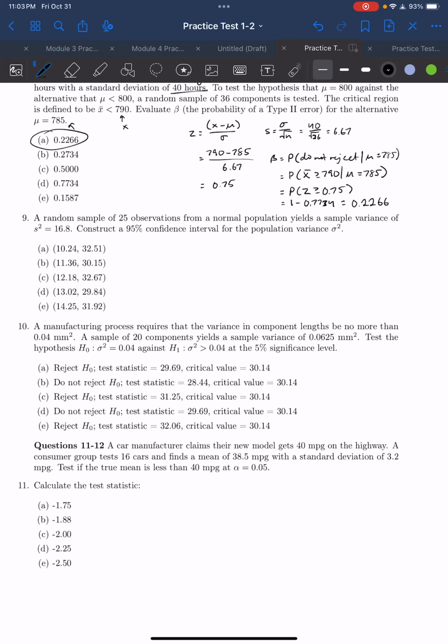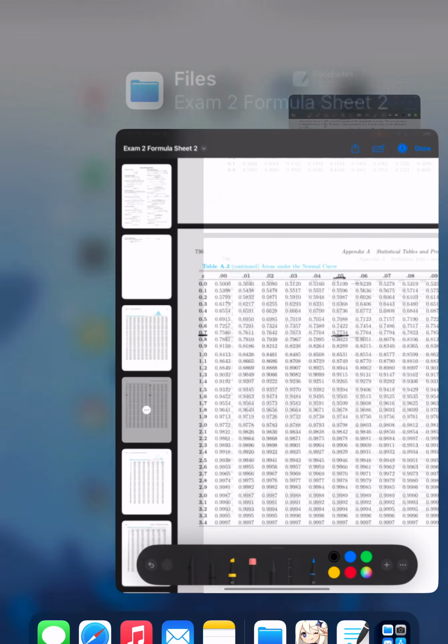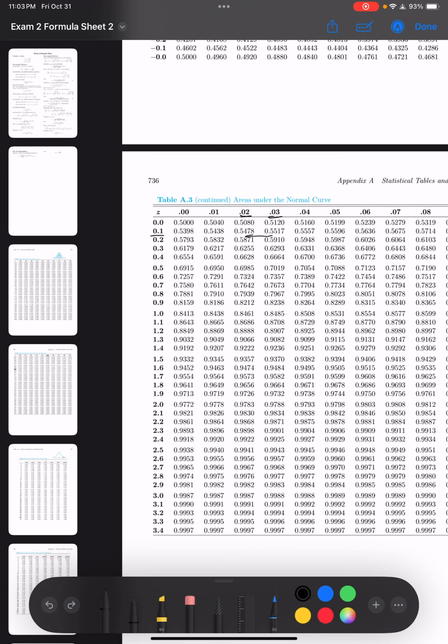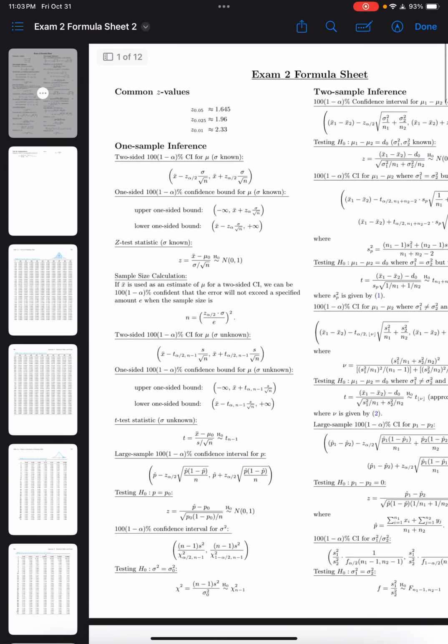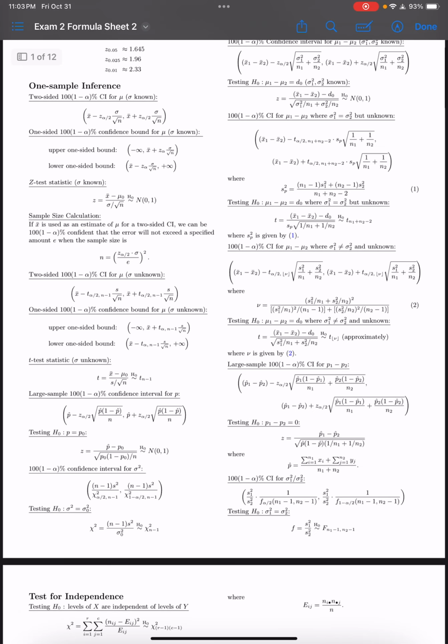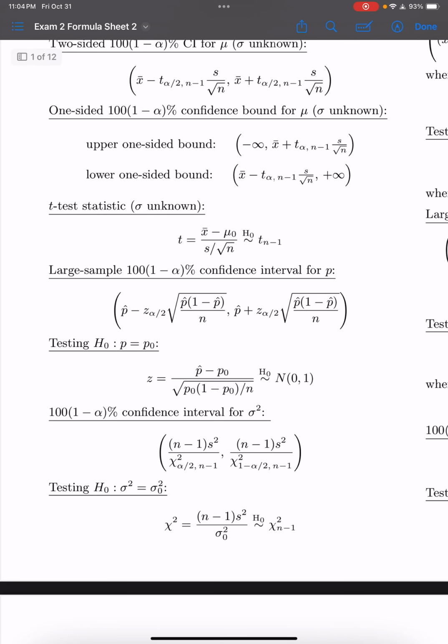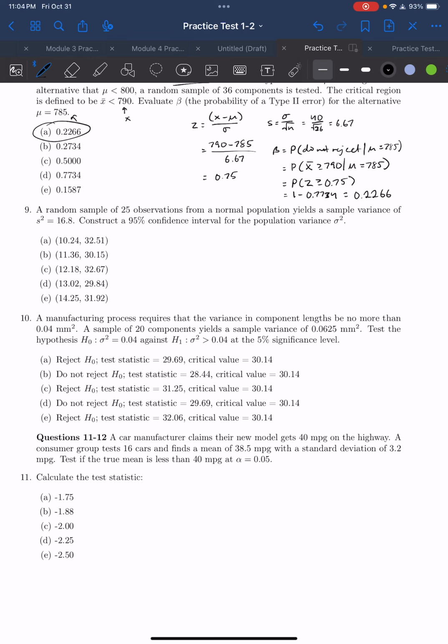So then we can look through our formula sheet, and we should have our formula over here. So we're trying to find a confidence interval for our variance, and so we have this formula over here, which we can use.